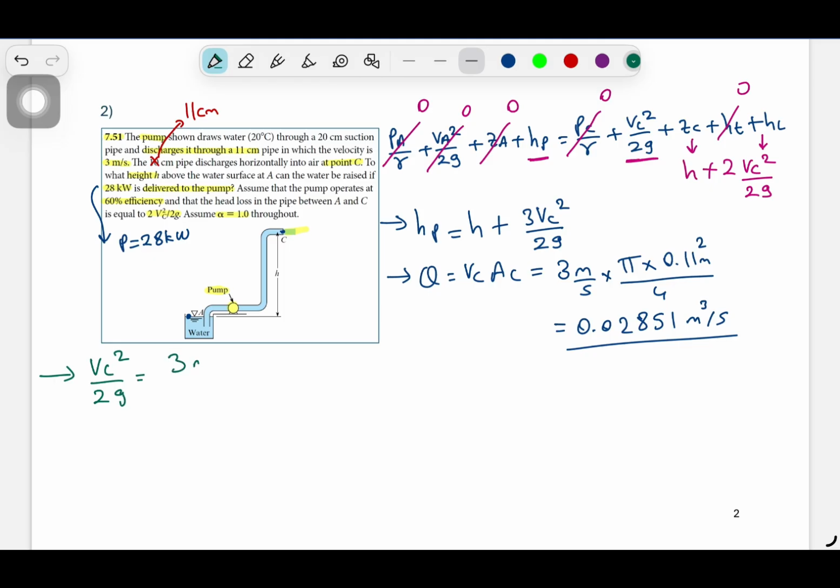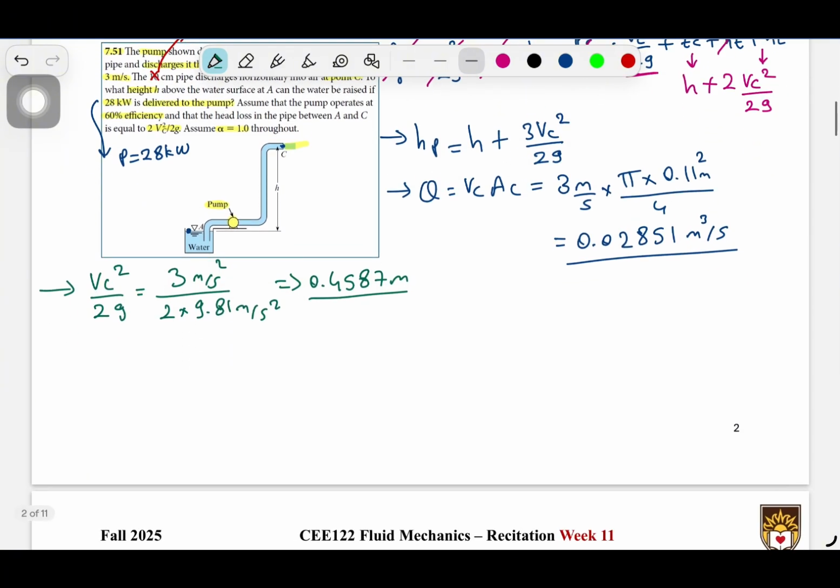So it will be 3 meter per second squared over 2 times 9.81 meter per square second. So this gives 0.4587 meters. So currently we have almost everything to find the height. So let me continue from here.